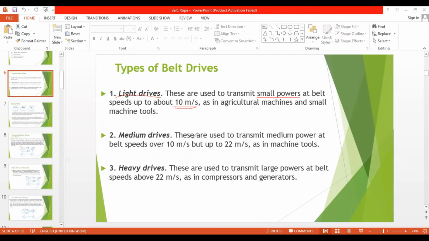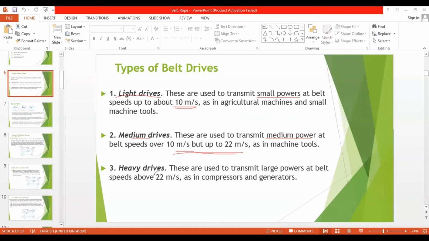These are used to transmit medium power at belt speeds of 10 to 22 meters per second. These are the specific areas you need to consider. So light drive is less than 10, medium drive 10 to 22.